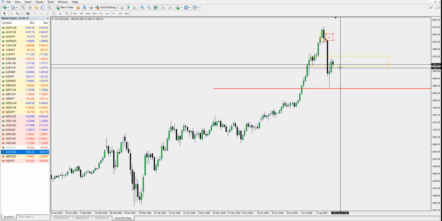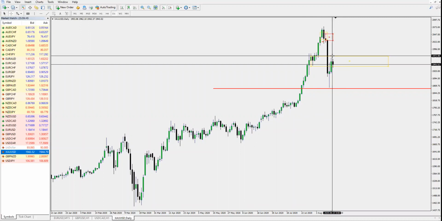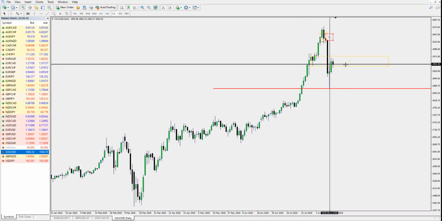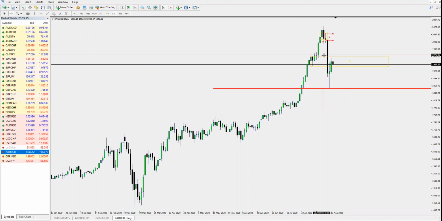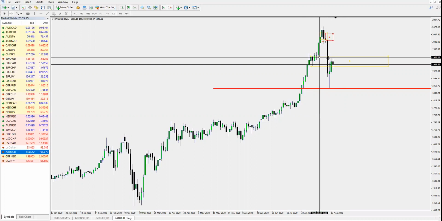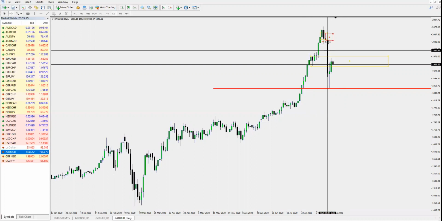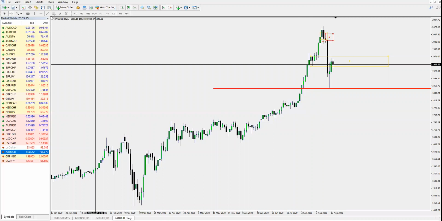Now, when the market opens on Monday, it is very difficult for gold to close this entire gap. But let's say hypothetically it did. I would expect a strong reaction.